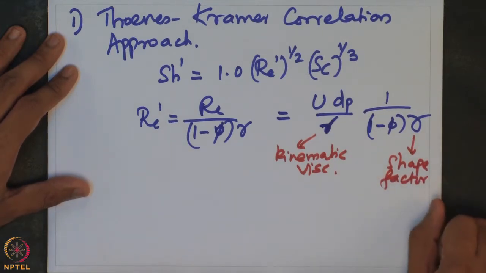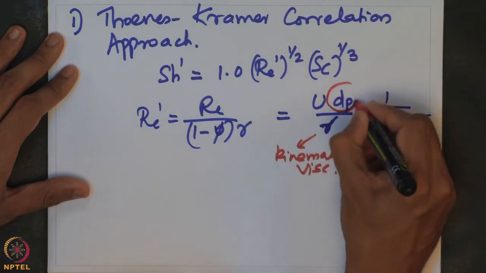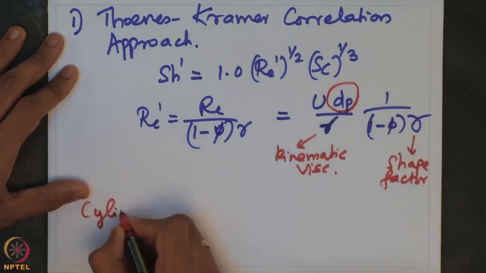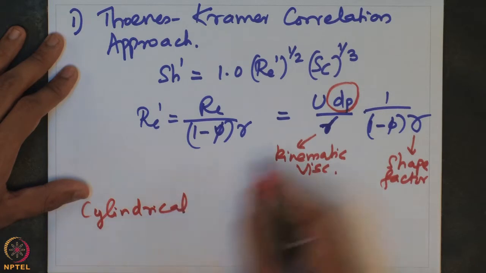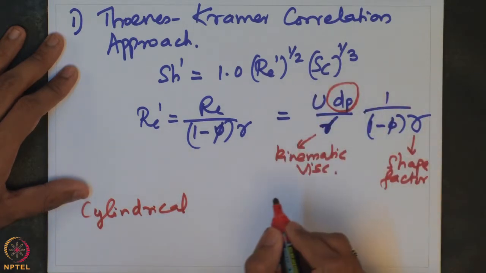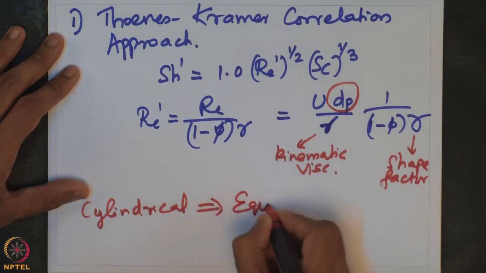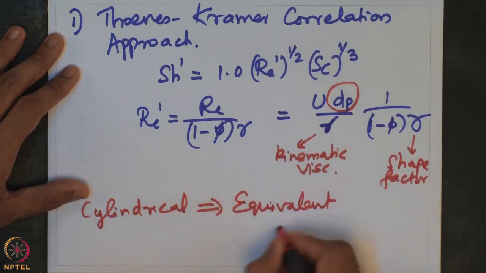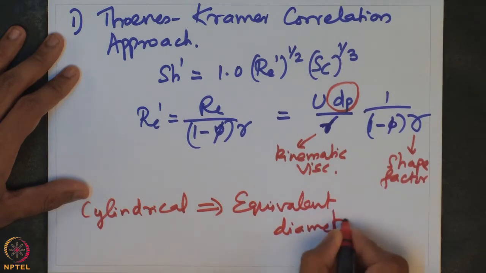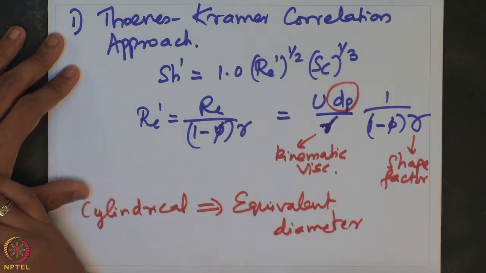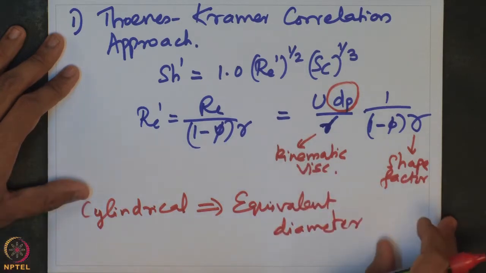So, what is the first step in doing this? We need to estimate the equivalent particle diameter, because the particle that we have is actually a cylindrical particle, and this definition is essentially for spherical particles. So, we need to find out the equivalent diameter of the particle that is actually being used. Now, how do we find the equivalent particle diameter? We can use what is called the volume average.